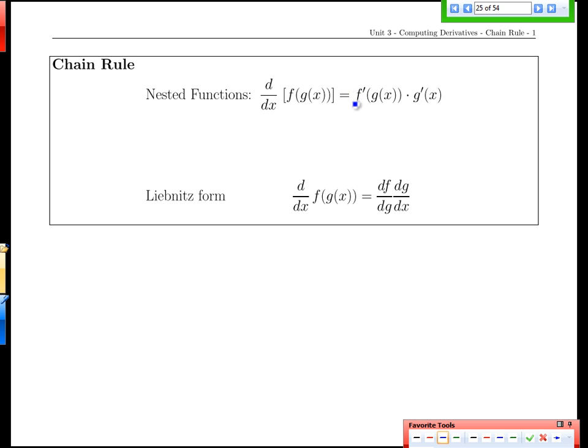We'll take the derivative of the outside, and we'll put outside in quotes here.